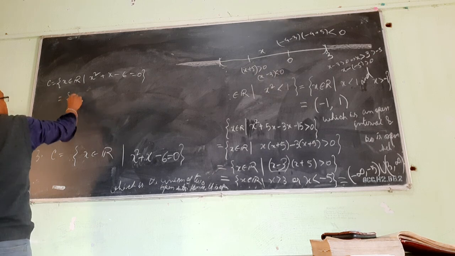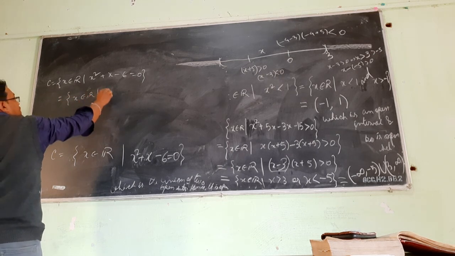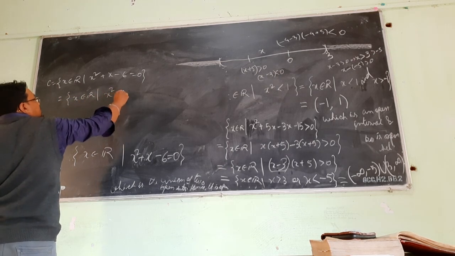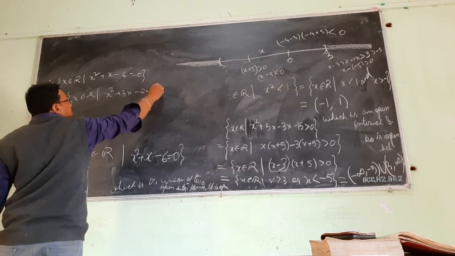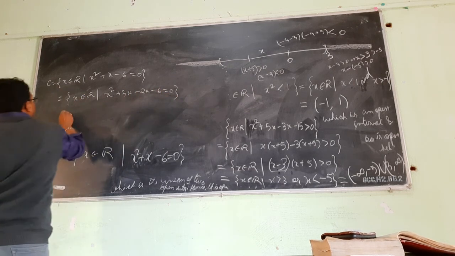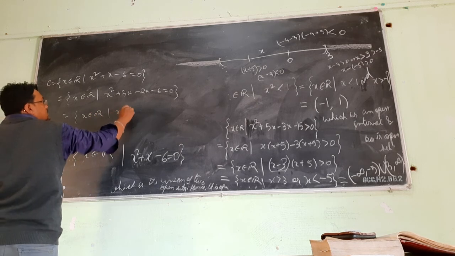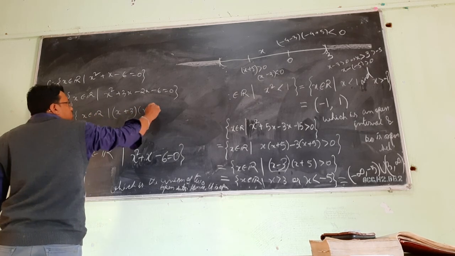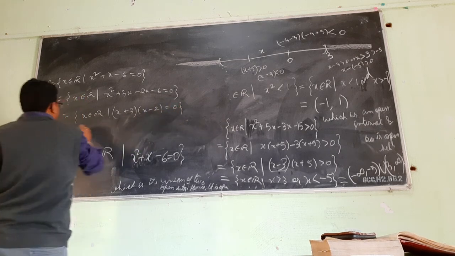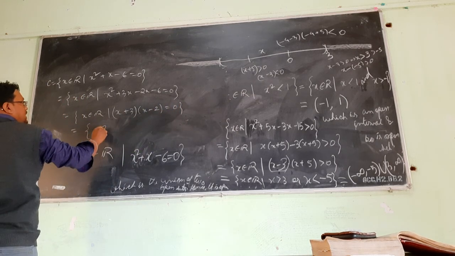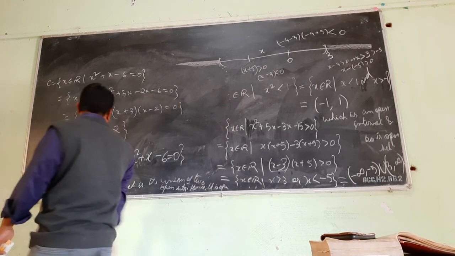So it is the set of all those x in R such that x squared plus 3x minus 2x minus 6 equals 0. That is the set of all those x in R such that x plus 3 into x minus 2 equals 0. So what is that? It is the set minus 3, 2, which is a finite set.